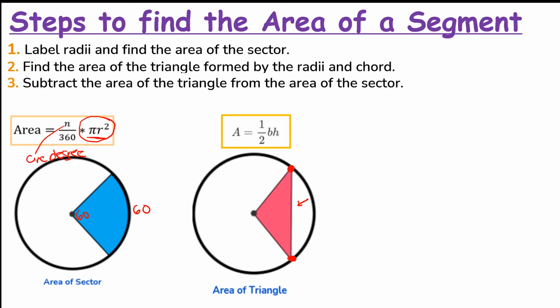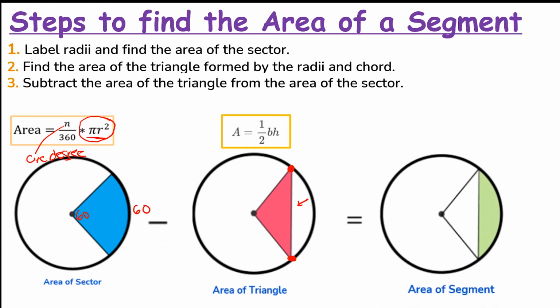And then you would subtract the two numbers. So you would subtract the area of the triangle from the area of the sector. Put a minus sign there. So step one, find the area of the sector. Step two, find the area of the triangle, and then subtract the two numbers.